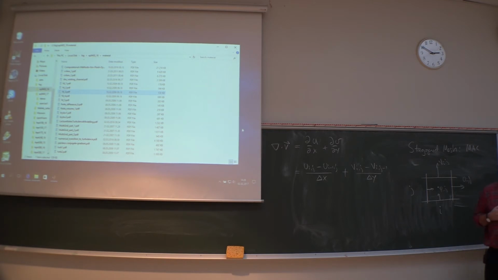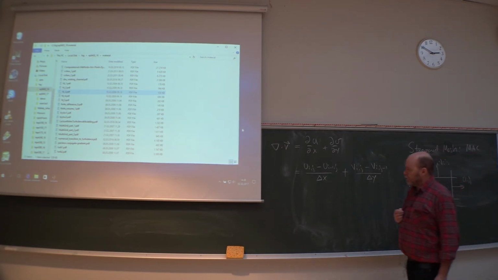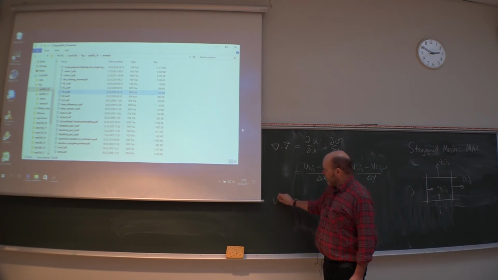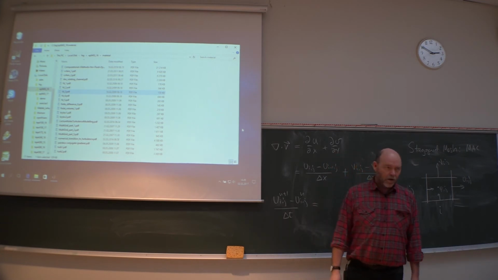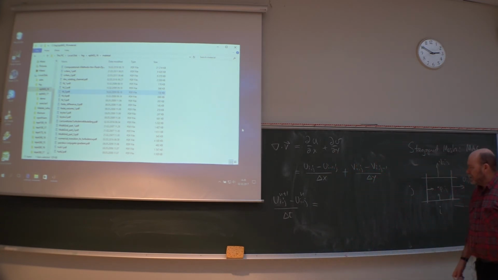When you look at the Navier-Stokes, we are going to focus on, say, the x direction: U_ij at time level n plus 1, minus U_ij(n), divided by delta t equals, and then on the other side, what do you get? Well, either way, you are still focusing on this point. For the divergence and for the pressure, you would focus on one cell, the entire cell.